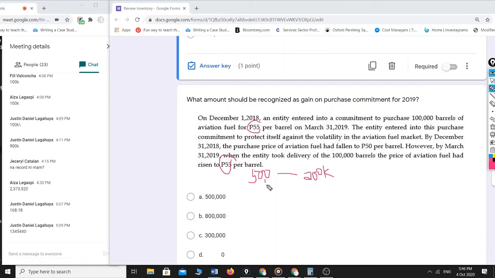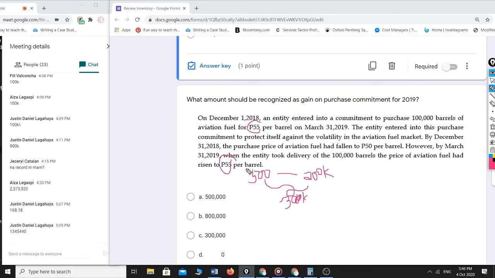So that's why you need to adjust, the difference being 300,000. Okay? That's how you analyze. If you directly compare 55 versus 53, you have a loss of 200,000.